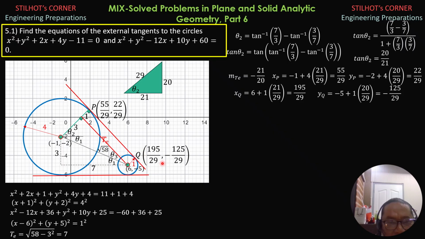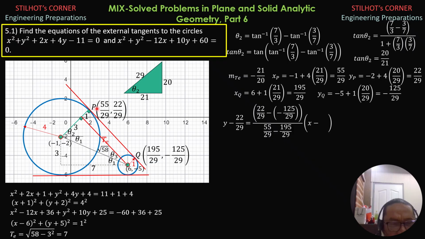We can now apply two-point form in determining the equation of this line, which is the required external tangent. So I choose this point: y minus 22 over 29 is equal to the slope, 22 over 29 minus negative 125 over 29, all over quantity 55 over 29 minus 195 over 29, times x minus 55 over 29.